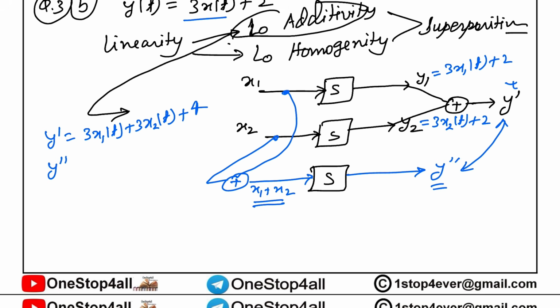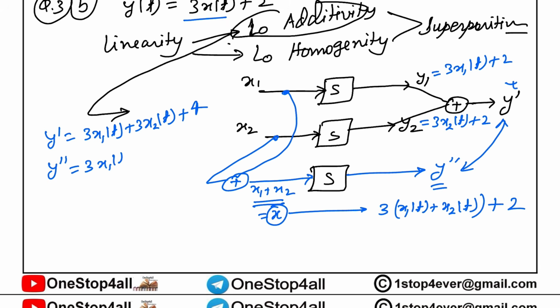When we combine the inputs, x1 plus x2 will be your new x, and the corresponding output will be 3 of x, where x means x1 of t plus x2 of t, plus 2. So this will be your y double dash, meaning 3 of x1 of t plus 3 of x2 of t plus 2.